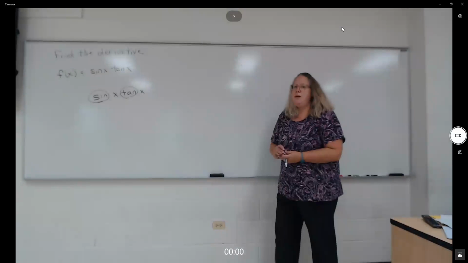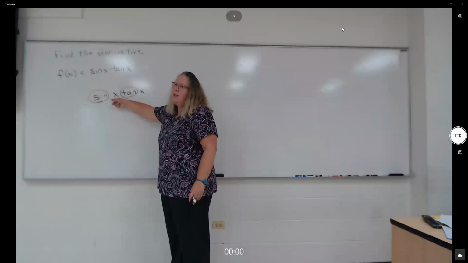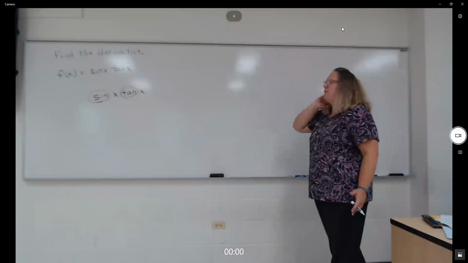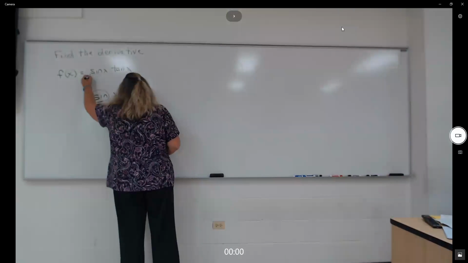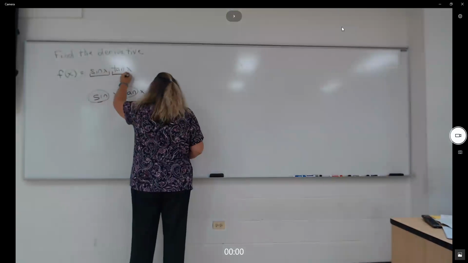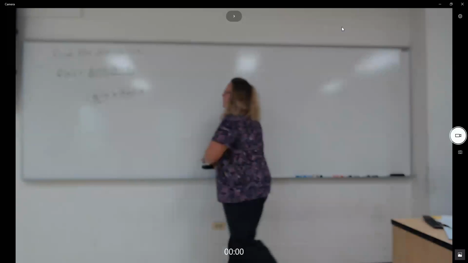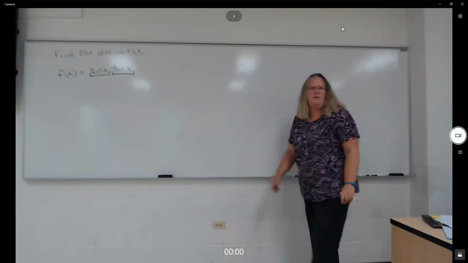It means opposite over hypotenuse, but you have to know the angle measure, otherwise it doesn't have any value. So sine of x, sine of something has to go together, and then tangent. Just the word sine doesn't have any value.